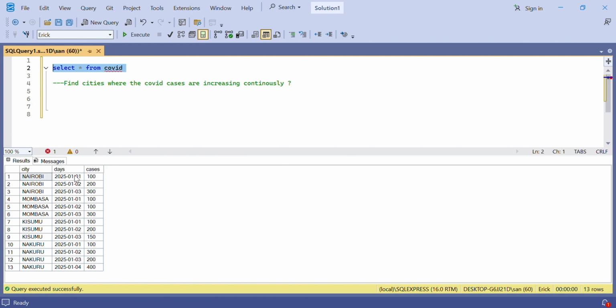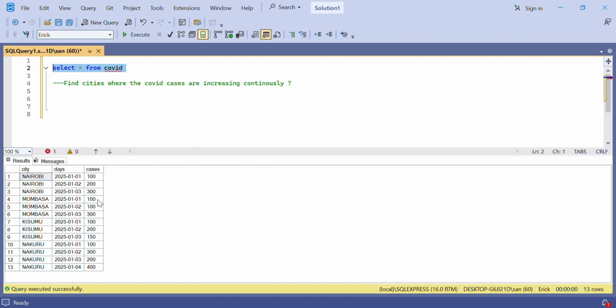As the date increases, the cases also increase. This is the target of our question, so Nairobi is part of the answer.